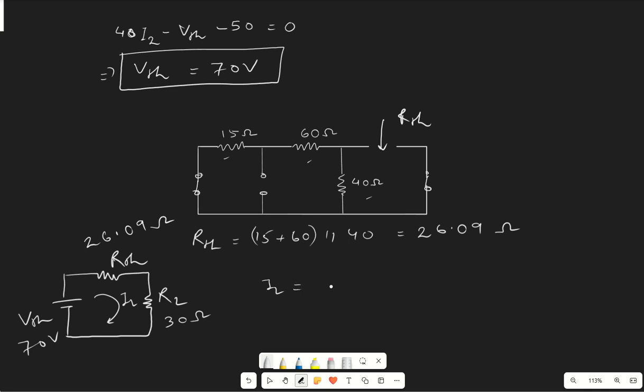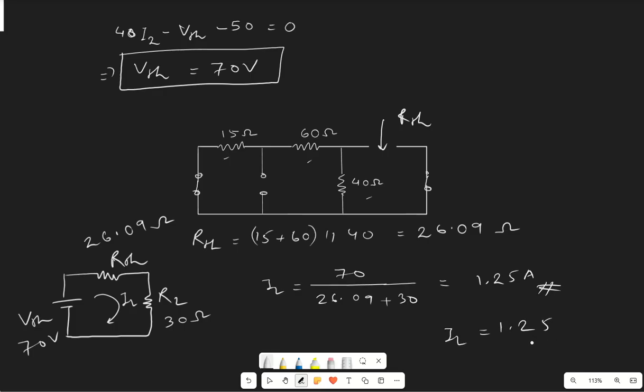So IL will be equal to voltage divided by the resistances. So 26.09 plus 30, both in ohms. So this will be equal to 1.25 ampere. Okay, so this is the solution for current IL.